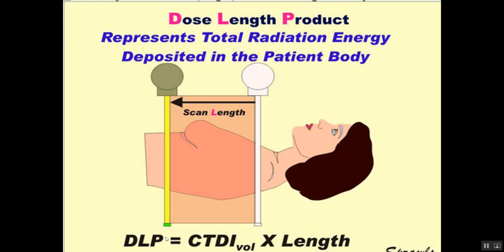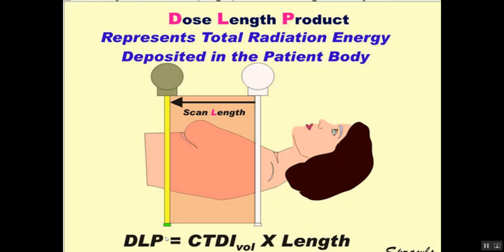Now we have calculated CTDI volume and dose length product. Dose length product depends on the length of the scan. So you will find these terms, DLP and CTDI volume, in any CT machine. So what's our target? Our target is to calculate the effective dose.